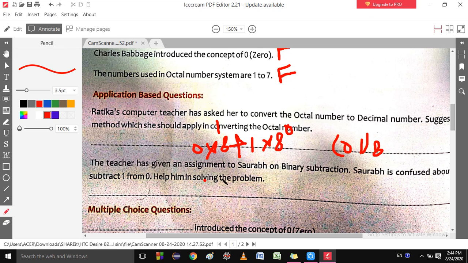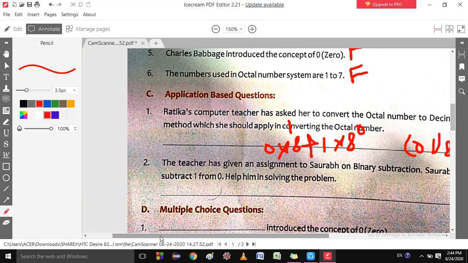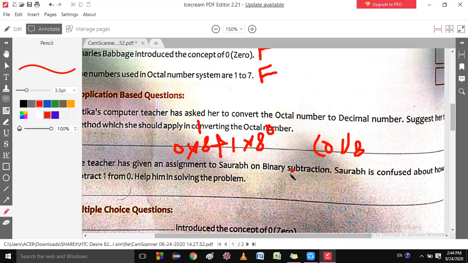The teacher has given an assignment to Saurabh on binary subtraction. Saurabh is confused about how to subtract 1 from 0. Students, let me tell you, suppose you have a subtraction like 0, 1 minus 1. How will you subtract it?